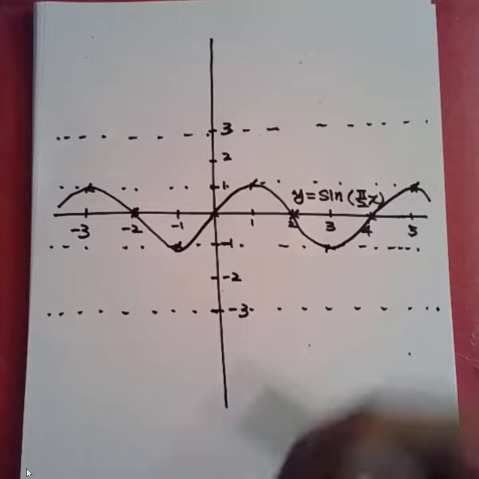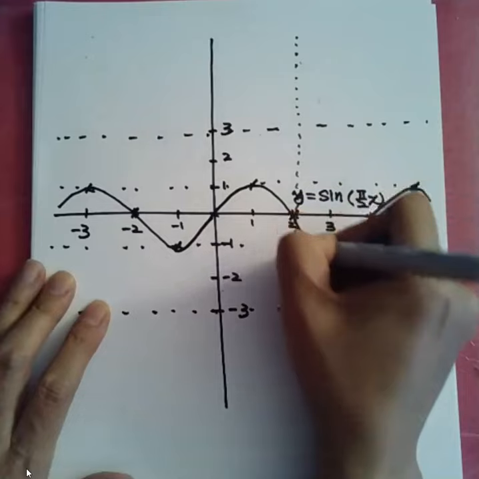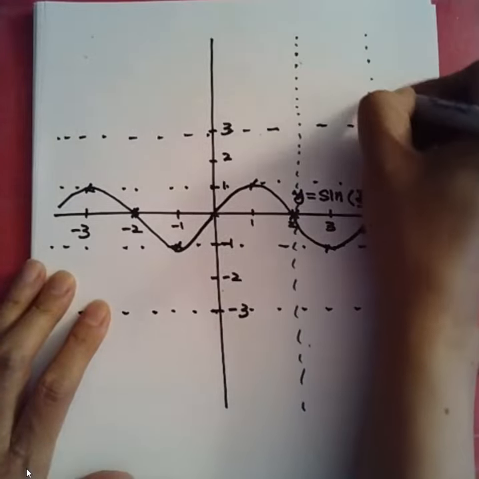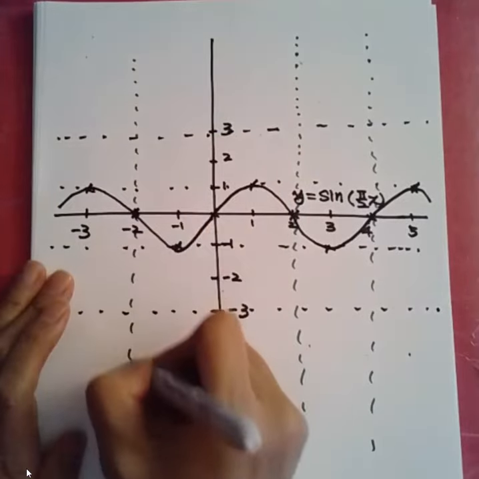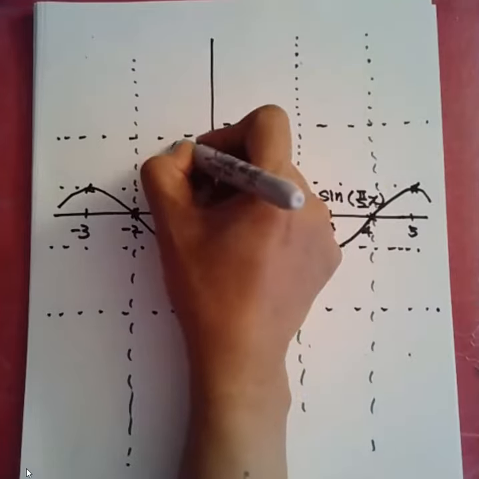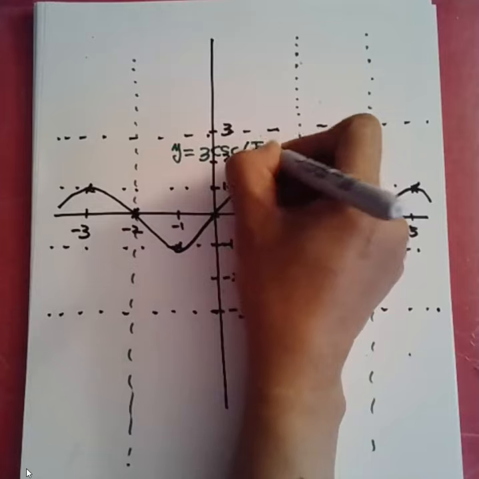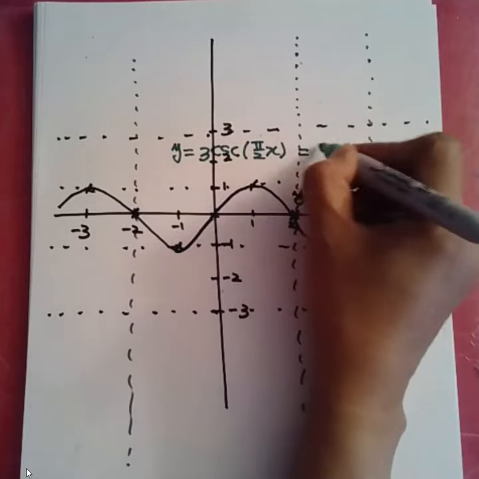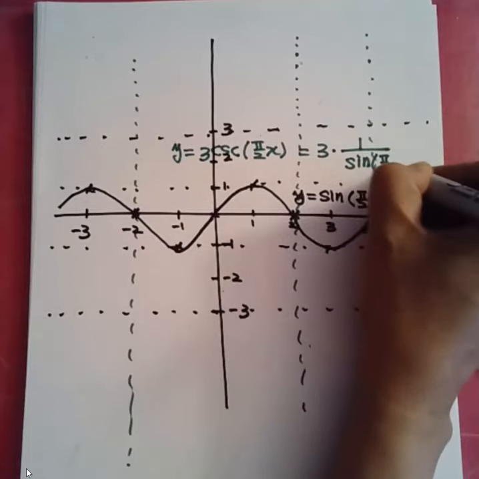Let's put the vertical asymptote whenever sine value becomes 0. So we want to graph y equals 3 times cosecant of pi over 2x, which was 3 times 1 over sine of pi over 2x.